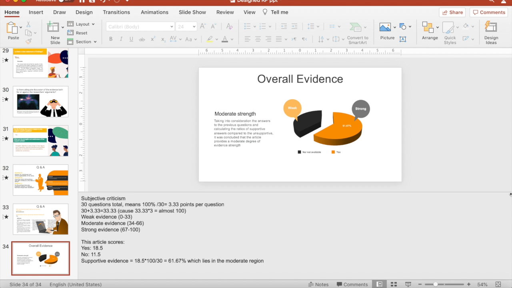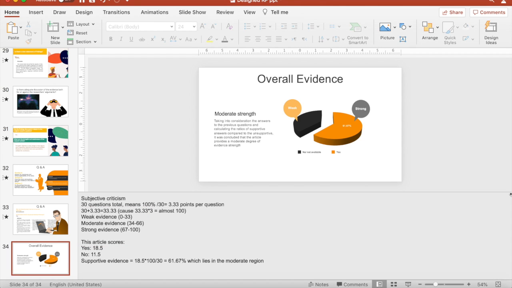For those of you who are curious about how I did the calculations, it's a subjective criticism, so it did not have any scores on its own. So I had to calculate the questions. There were 30 questions, therefore 3.33 points per question. So I divided the overall range out of 100% so that 0 to 33% would be weak evidence, 34 to 66% would be moderate evidence, and 67 to 100% would be very strong evidence.